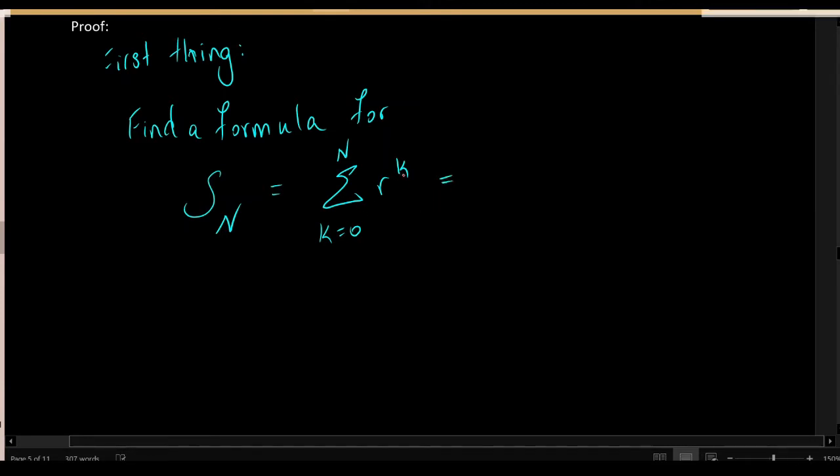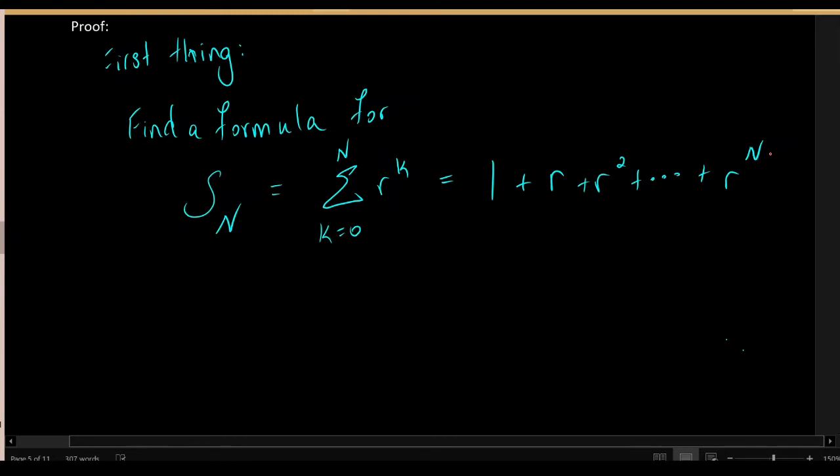When k is equal to 0, I get r to the power 0, and that's 1. Now when k is equal to 1, I get r to the power 1, and that's r. Then r squared and r cubed and so on, all the way up to r to the power N, capital N, our final term for this particular partial sum.